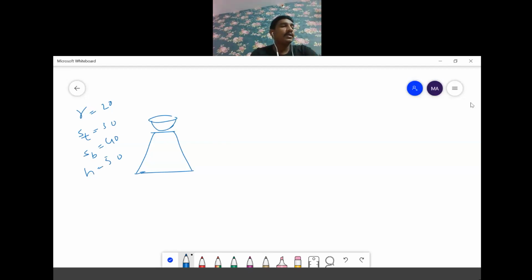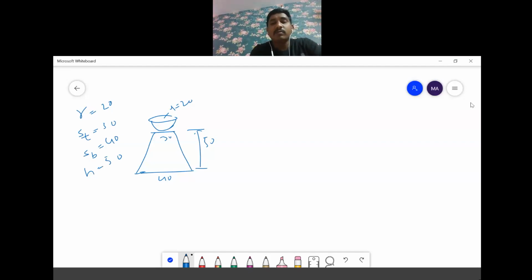He has given the bottom side as 40, top side as 30, the radius of the hemisphere as 20, and the height as 50. You know how to draw the frustum of a square pyramid.